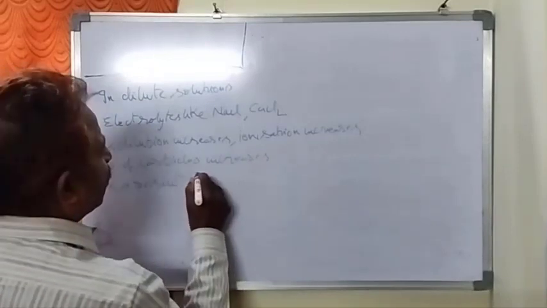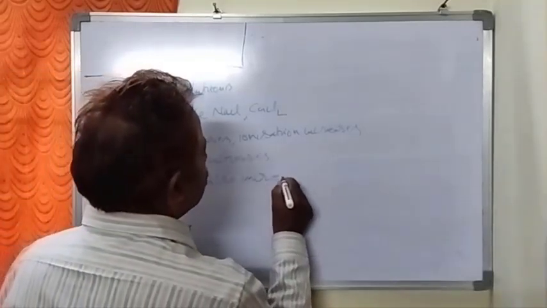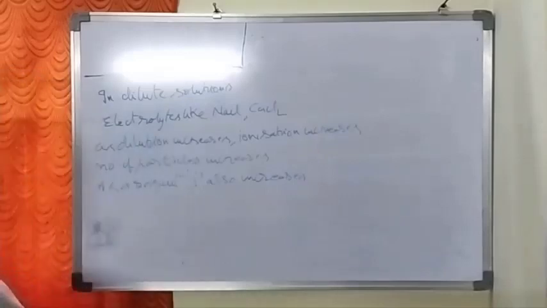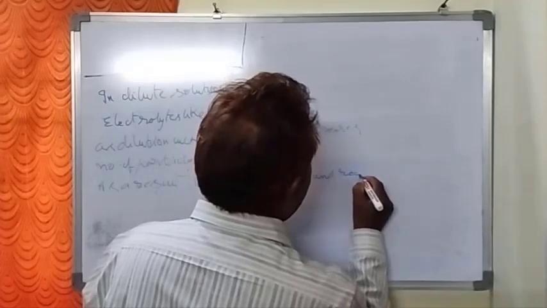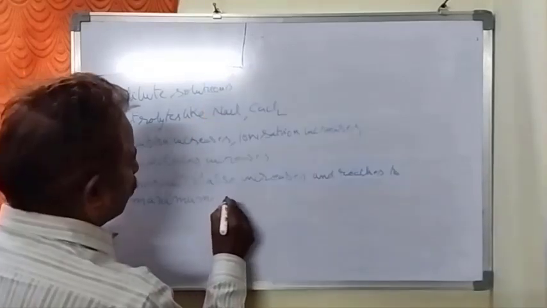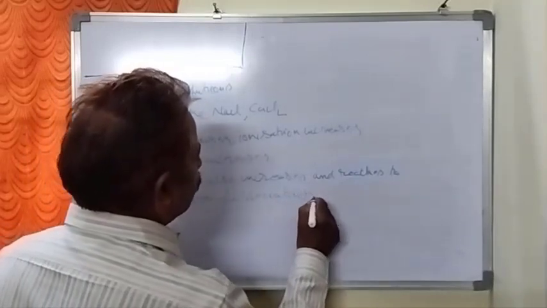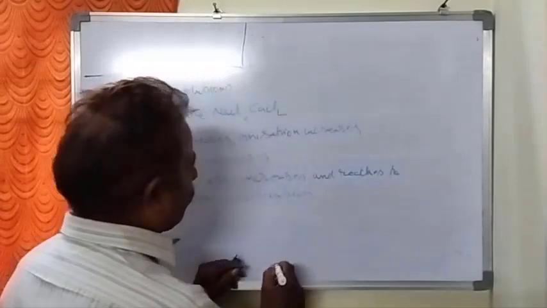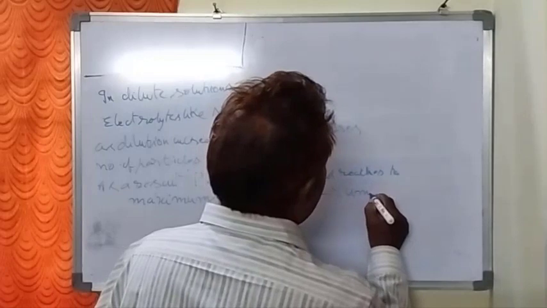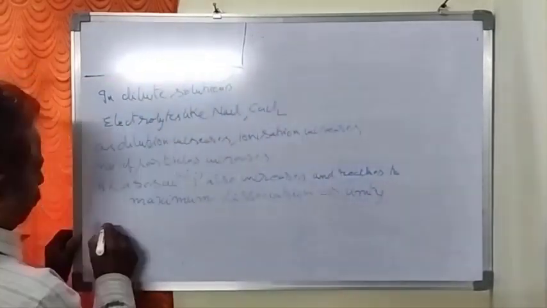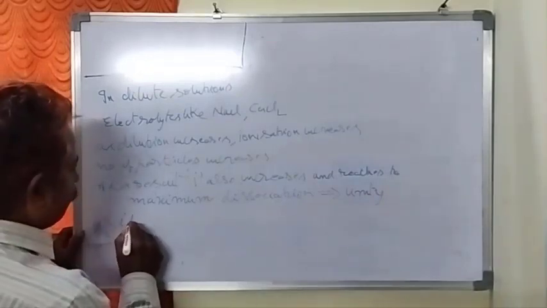As the number of particles increases, i, the Van't Hoff factor, also increases and reaches maximum dissociation. Maximum dissociation implies unity, that means 100%.